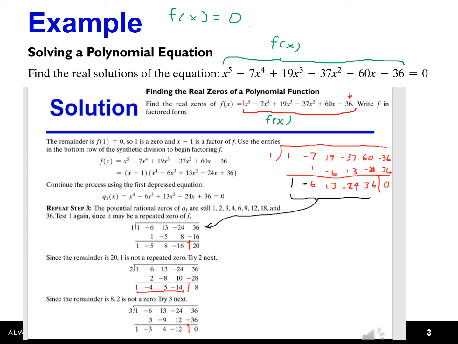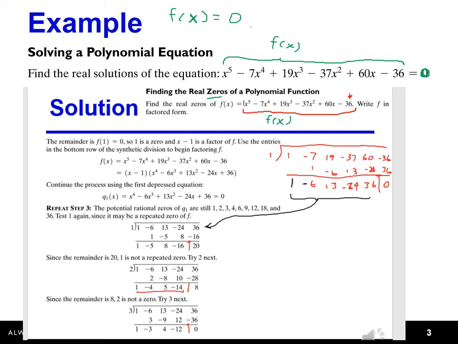A 0 is a value of x that makes f of x 0. And if you think about it, the zeros are exactly what we're trying to do when we solve the equation, in this case, because we're trying to make f of x 0. And whatever values of x do that will be our solutions. Well, we've already found those, haven't we?